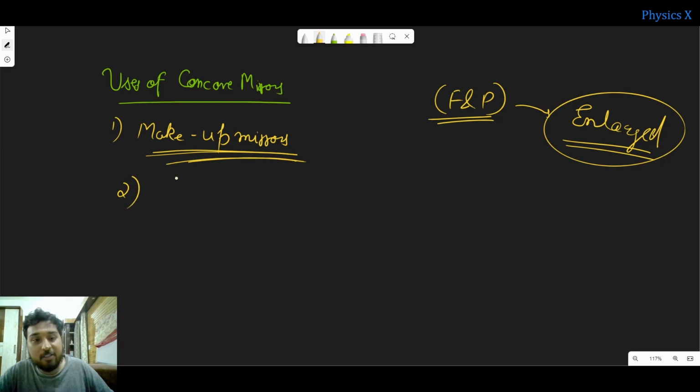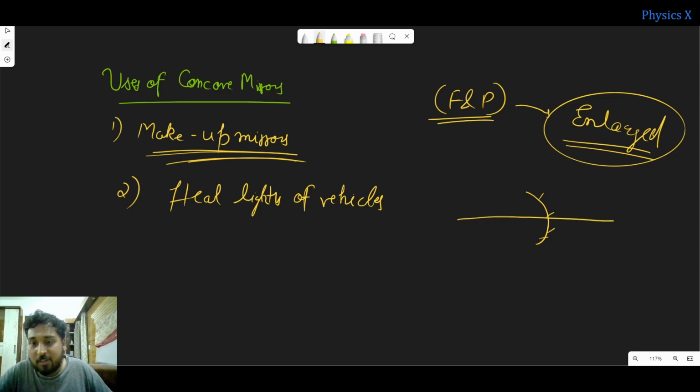Second, you can see it in the headlights of vehicles. Why headlights of vehicles? See this. If this was a concave mirror, and you place the bulb at the focus point of the mirror, what will it do?